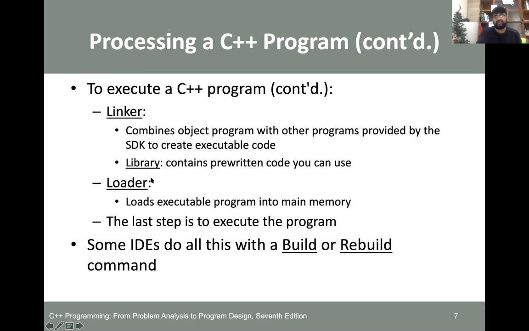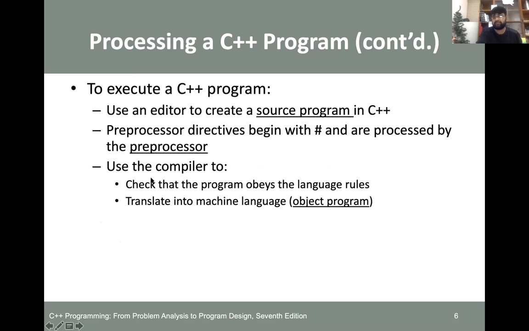So these are the different steps that are required to execute a C++ program, and you should actually know them by heart. Whenever you want to execute a C++ program, you first need to write it using an editor. You need to give the preprocessor directives, and then you need to use the compiler, which checks your preprocessor directives and the syntax of your program, and finally, if everything is legal and the program obeys all the rules, converts it into machine language.